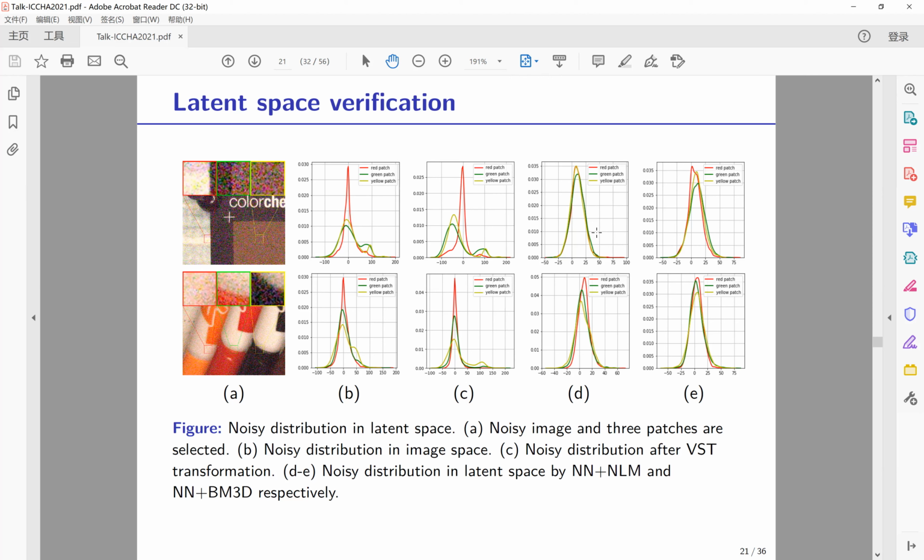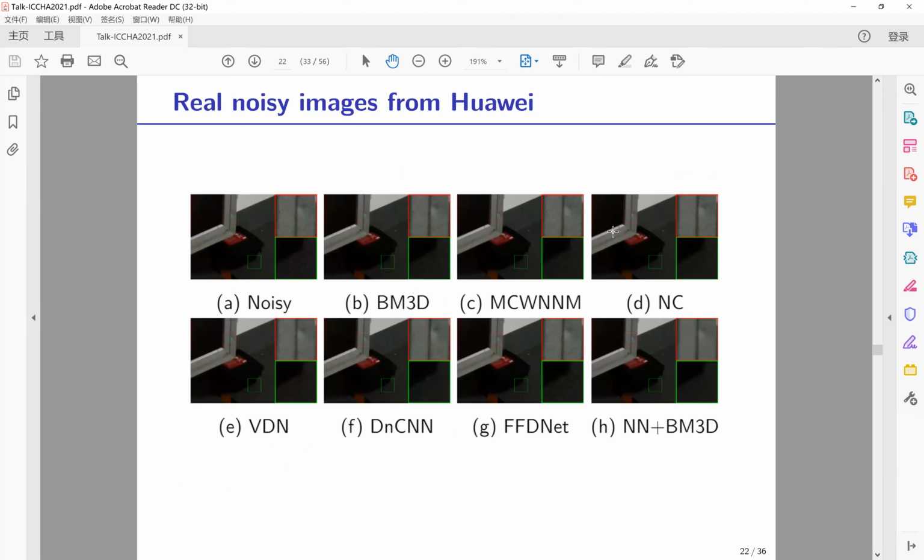As we can see, it's not exactly Gaussian, but it calibrates the noise by a large amount. So we can expect a good result by directly applying this classical model. And then we also apply our method to a blind test. These images are provided by the Huawei company, and here we compare with some existing deep network methods and classical methods.